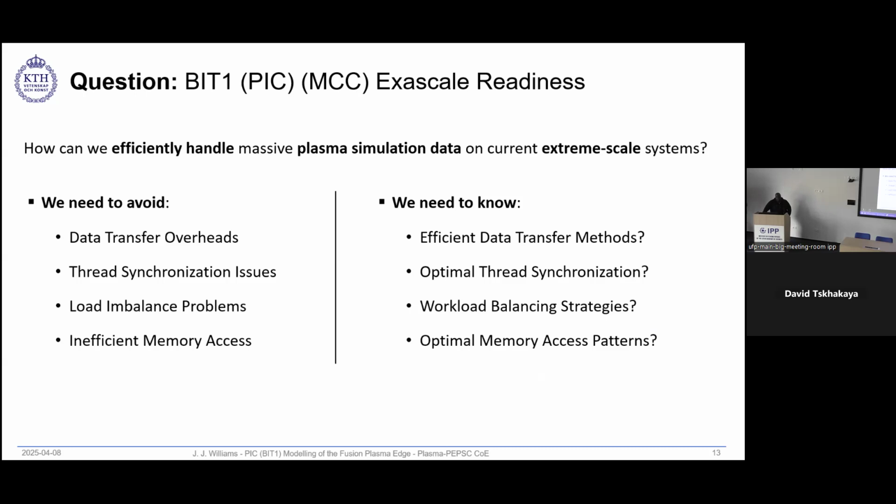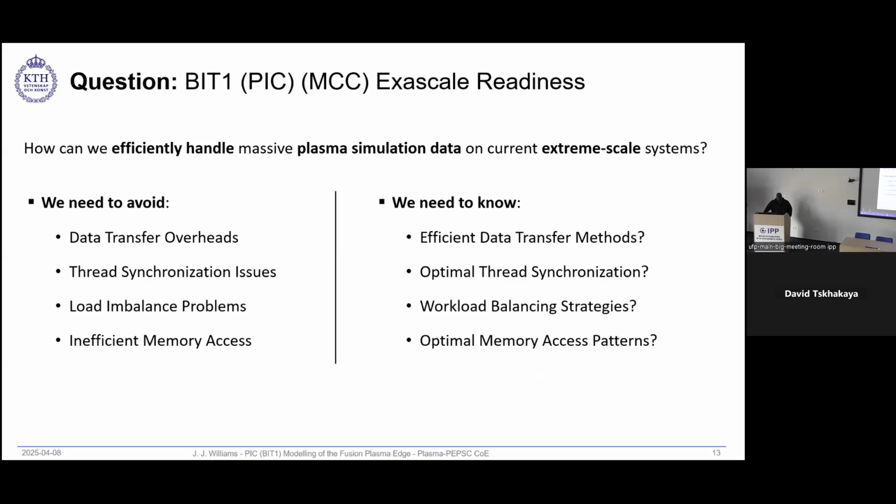First, you need to think about data transfer overhead. We need to avoid those. We need efficient data transfer methods. We have thread synchronization issues that can happen, right? If you're using OpenMP or any form, you have to think about the optimal thread synchronization strategy. Load imbalance can happen, and some problems.